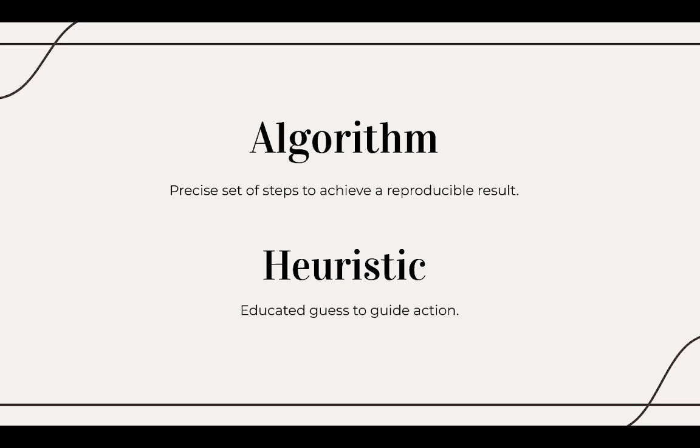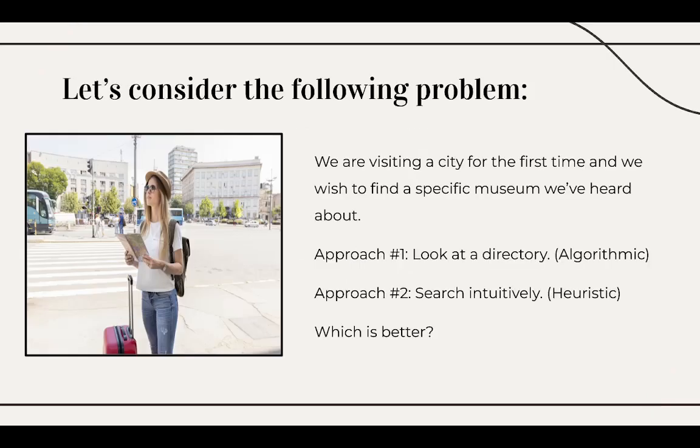And to clarify a little bit the way these two methods are different, let's see an example. Let's consider the following problem. Let's say that we're a tourist visiting a city that we don't know beforehand, and we're trying to find a museum that we are interested in visiting. Of course, there are many different ways that we could find it, but let's look at two general approaches to solve this problem.